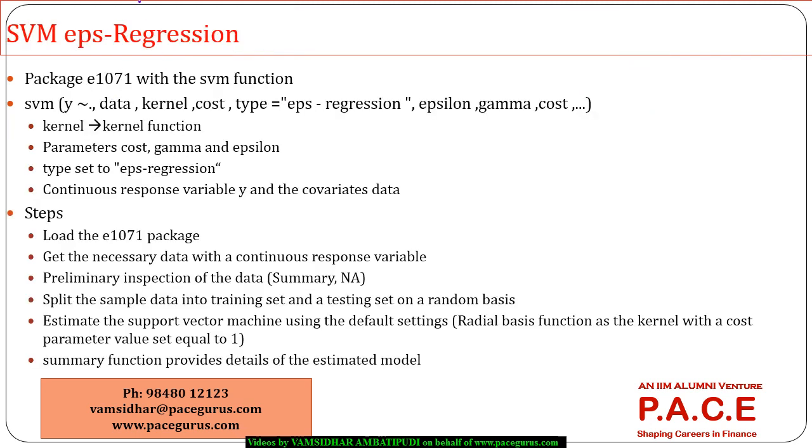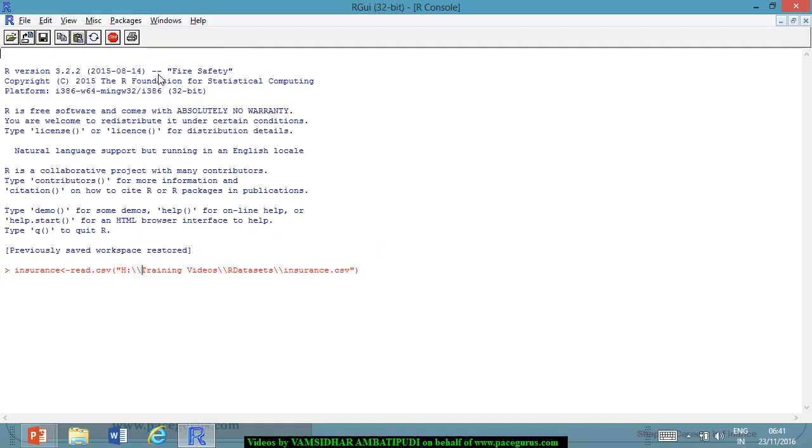So, starting off with EPS regression, which is the epsilon regression, I would be using it with the E1071 package and the SVM function, something that is very much needed. So first let me load the data. Here I am taking insurance related data.